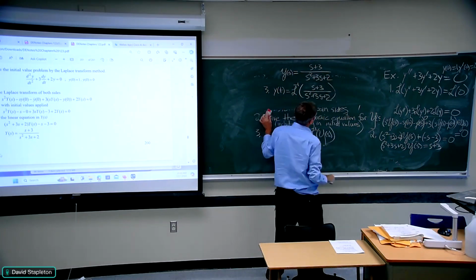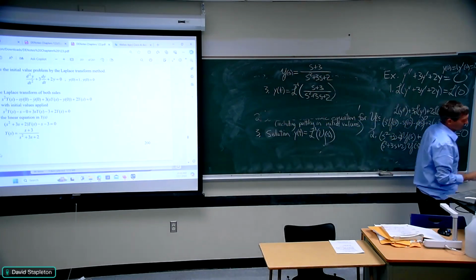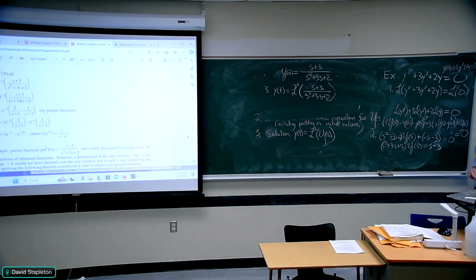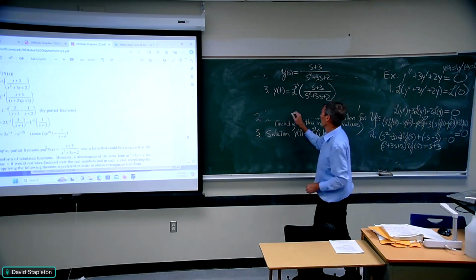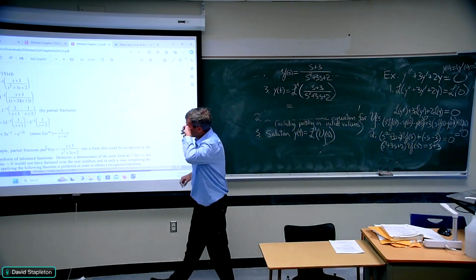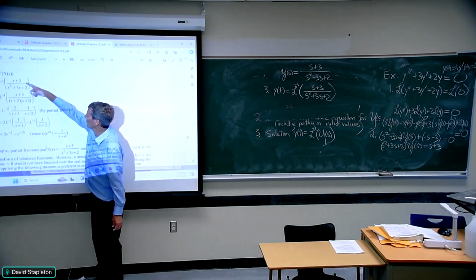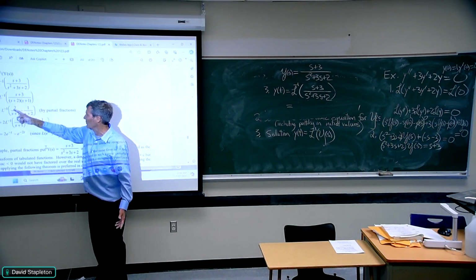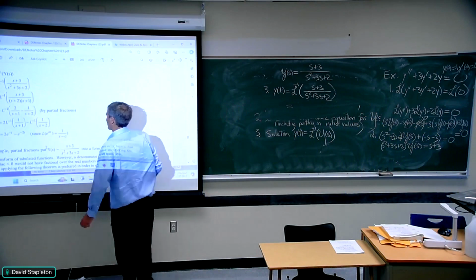And this is sometimes difficult. What you want to do is rewrite that in terms of functions that you recognize as transforms. So, we're out of time, so let me just shorten it here and say I did a little bit of partial fractions. Here's another application of it, right? You can rewrite this quotient as 2 over s plus 1 minus 1 over s plus 2.